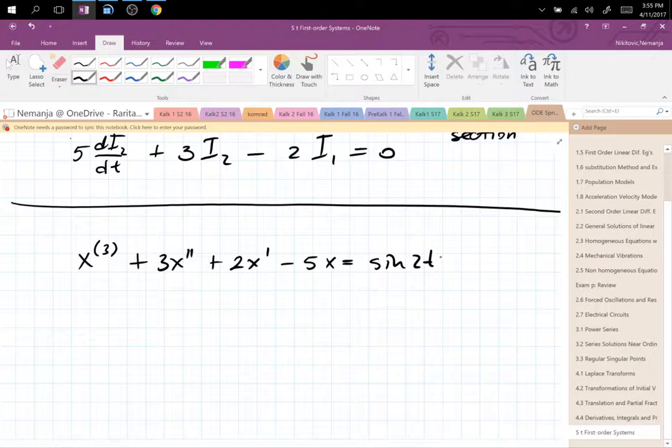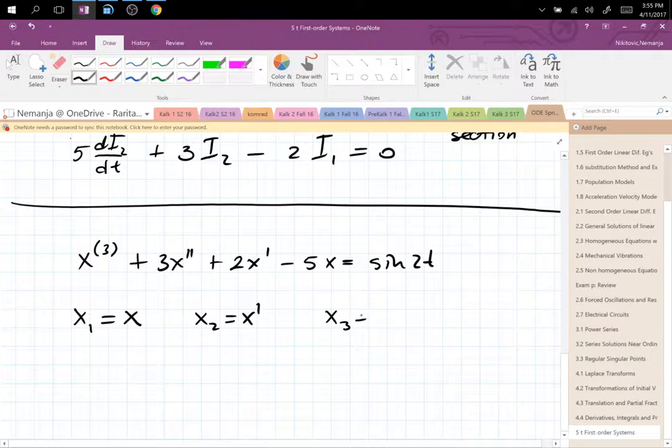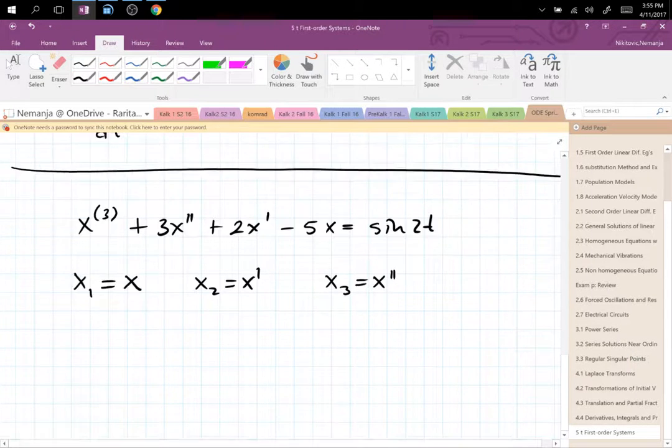So you can define x1 to be x, and x2 to be x prime, and x3 to be x double prime. So you define new functions.